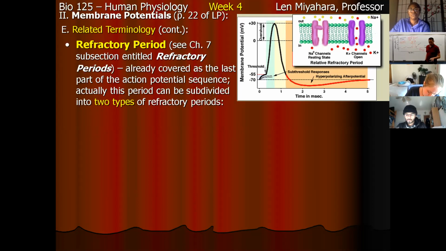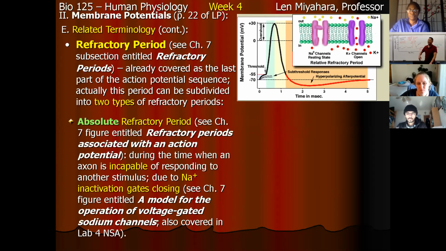Because of the sodium inactivation gates, while a neuron is going through a spike, it's inactivated. In other words, it cannot respond to any stimulus at all, period, absolutely. So we call this first type of refractory period the absolute refractory period.